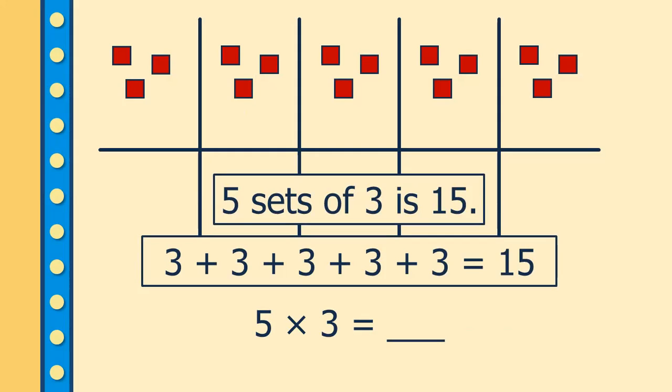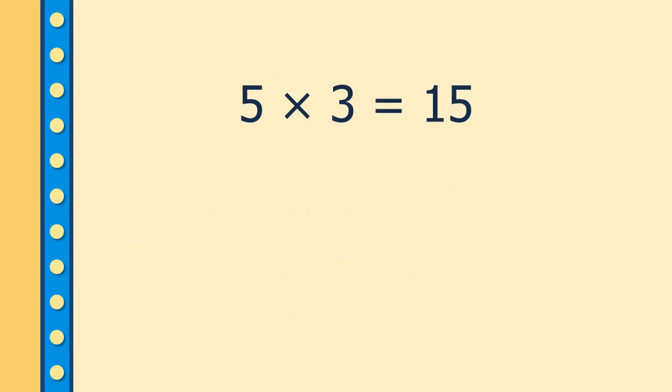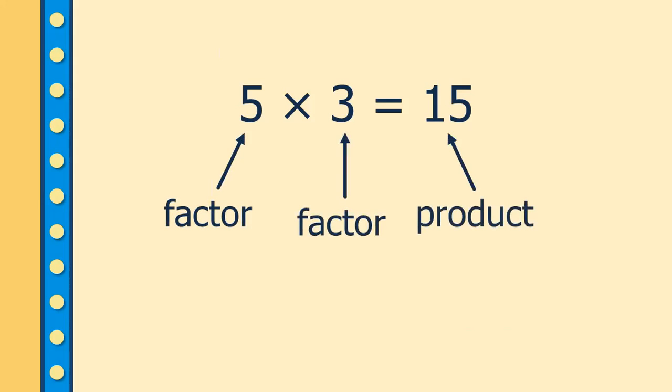And we know that 5 times 3 is 15. Here we have it written out, 5 times 3. 5 is a factor. 3 is a factor, and 15 is what we call a product. So a factor times a factor equals the product.